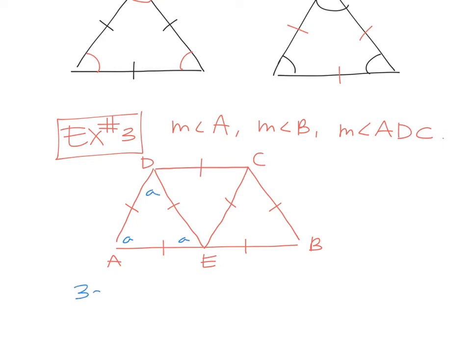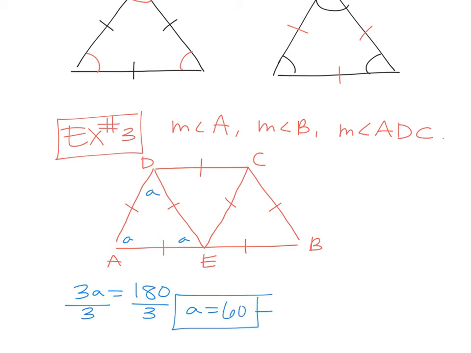That means 3A has to equal 180. You divide by 3, so A comes out to 60. So that's the measure of angle A. What's the measure of angle B? 60, right? It's the exact same triangle. So B would be 60 also.